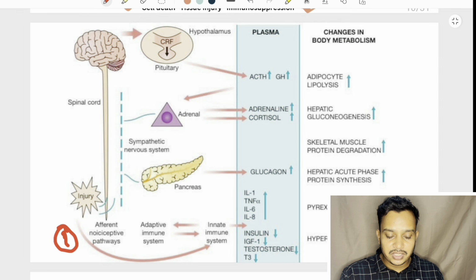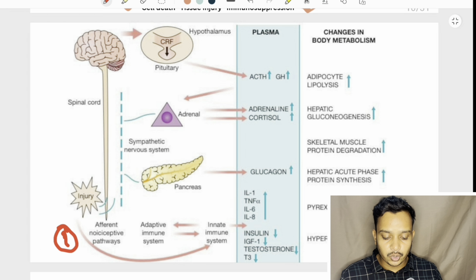This state leads to insulin resistance, where insulin is produced by the body, but it is not recognized by the peripheral insulin receptors, so insulin levels are higher but the receptors are not recognizing it. So glucose is not utilized by cells and is used for tissue injury or tissue repair.